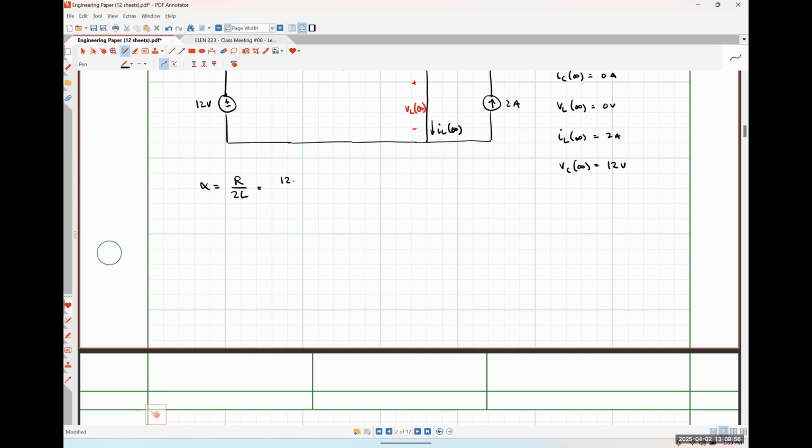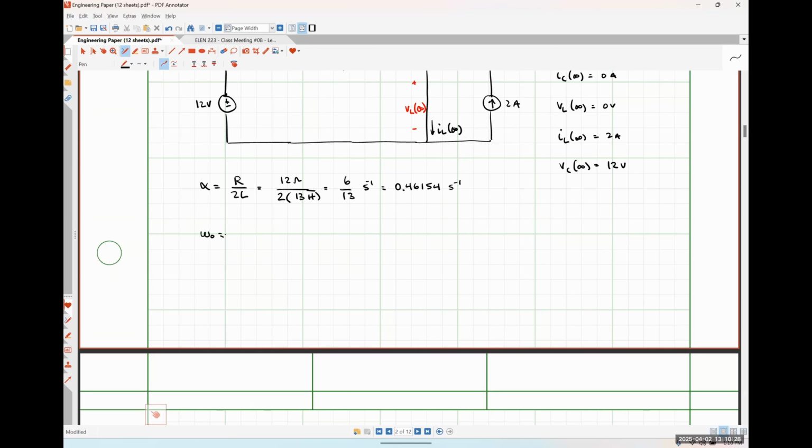So that is 12 ohms over 2 times 13 henries, because you guys again picked a weird number for your inductor. 12 over 26, I think. So 6/13 per second, or in case we need it, 0.46154 nepers per second.